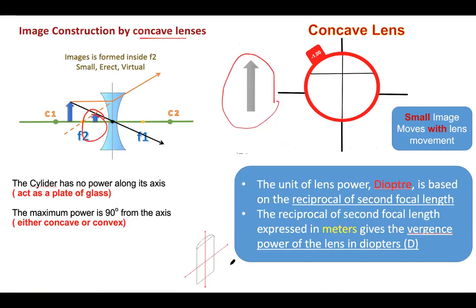We said also that the cylindrical lens has no power along its axis as it acts as a plate of glass, and the maximum power is 90 degrees from the axis, or perpendicular to the axis, whether it is concave or convex. And we said also that the basic definition of the power of the lens is the reciprocal of the focal length, expressed in meters, not in centimeters.